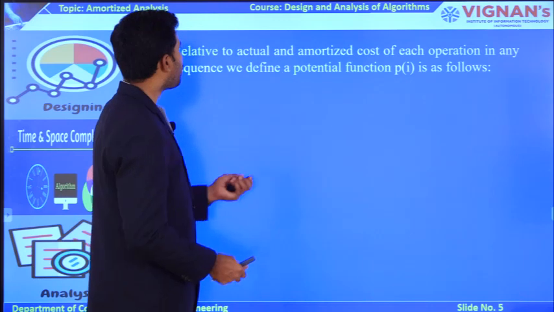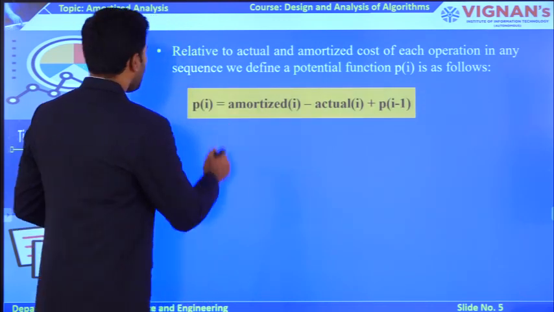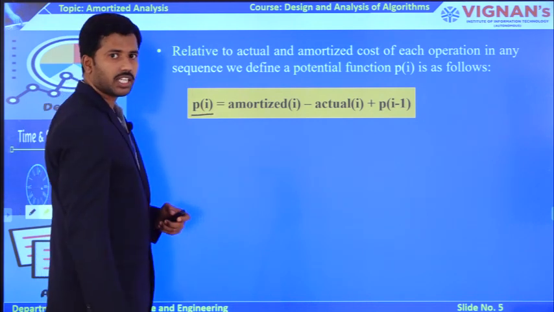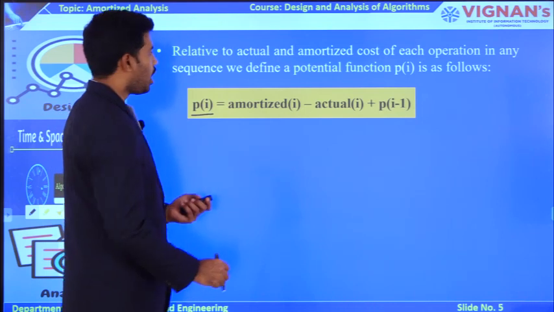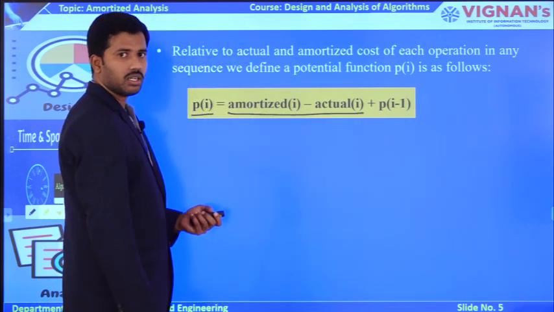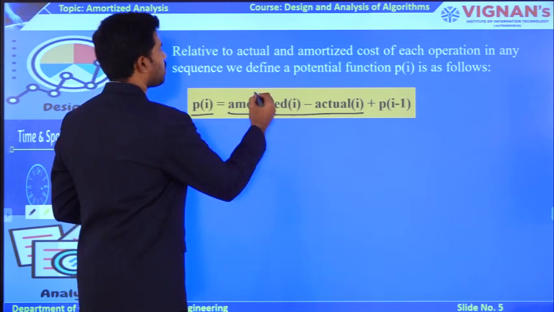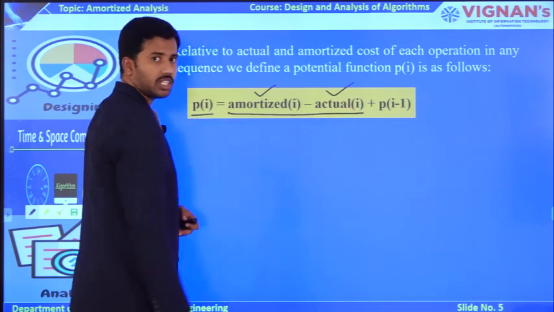Okay. Now my potential function is going to look like this. P of I is nothing but the potential function for the ith operation, and this equation you know. Just now we have seen the differences between amortized cost for the ith operation as well as the actual cost for the ith operation.